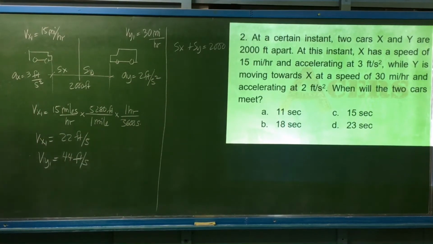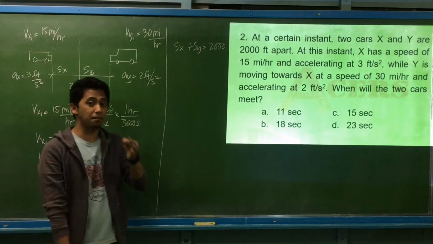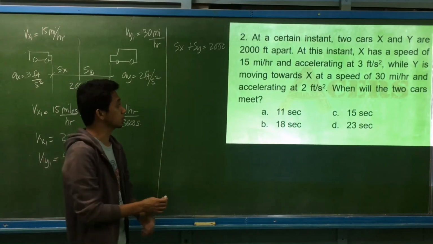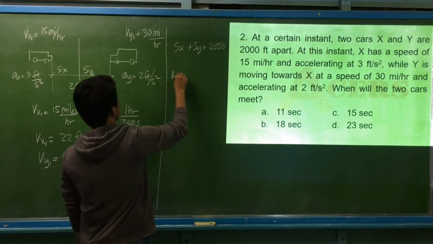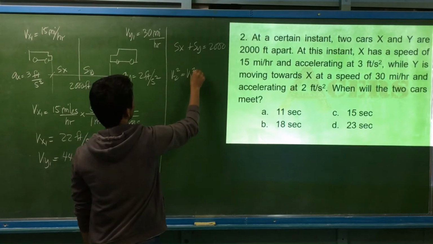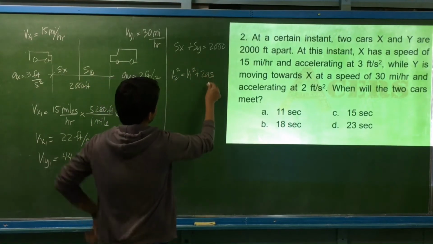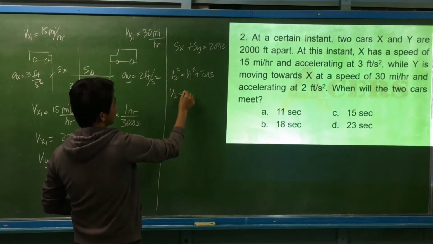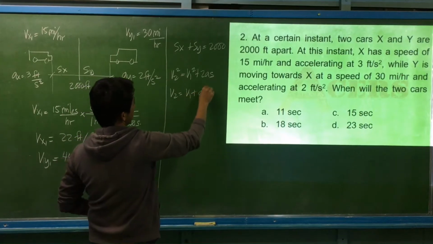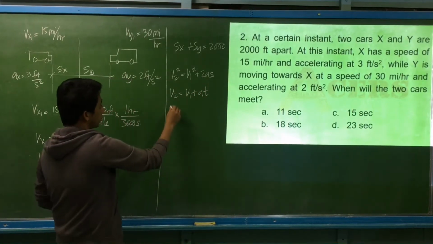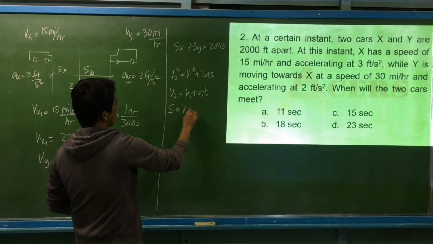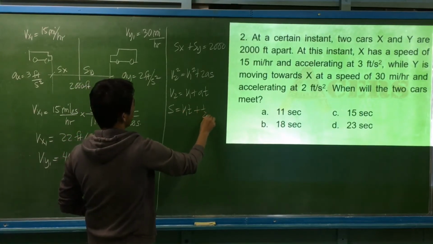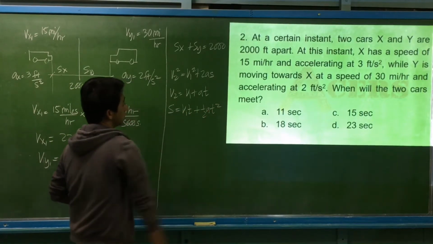So what is the most suitable equation from our three main equations under constant acceleration? The first one, final velocity squared is equal to initial velocity squared plus 2as. Second, final velocity is equal to initial velocity plus acceleration times time. And the third one, S is equal to initial velocity times time plus 1/2 acceleration times time squared.